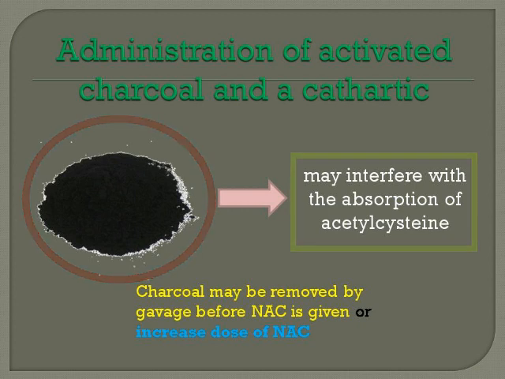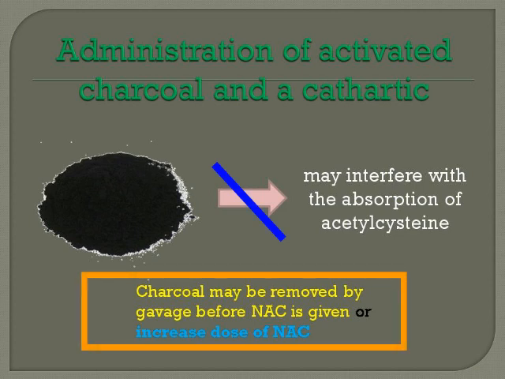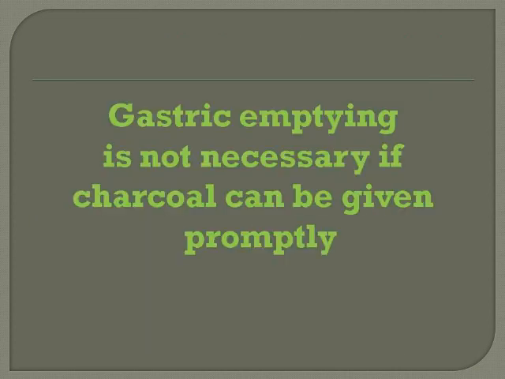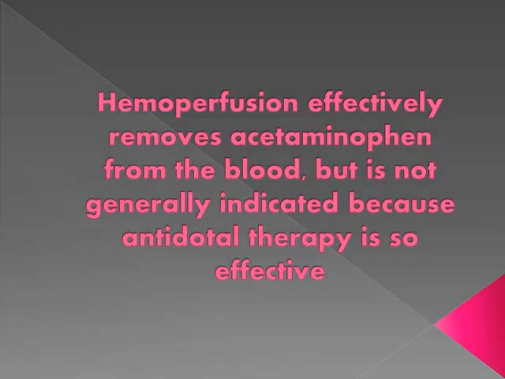To avoid this, charcoal may be removed by lavage before acetylcysteine is given, or the dose of acetylcysteine may be increased. Gut emptying is probably not necessary following small ingestions if activated charcoal is given promptly. Hemoperfusion effectively removes acetaminophen from the blood but is not generally indicated because antidotal therapy is so effective.